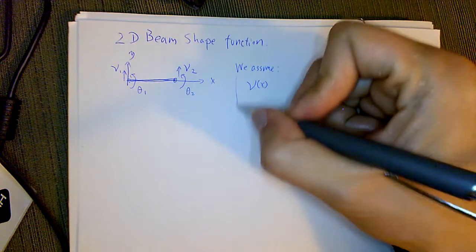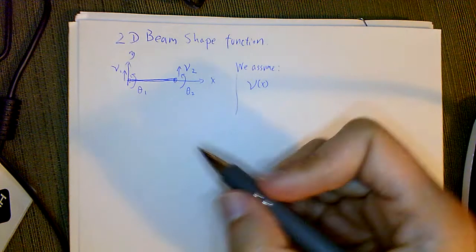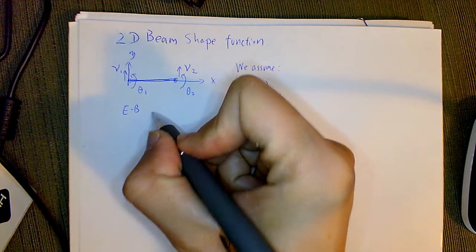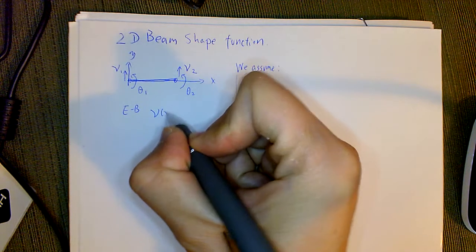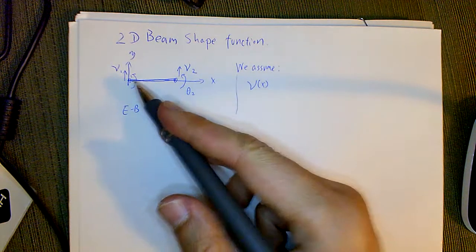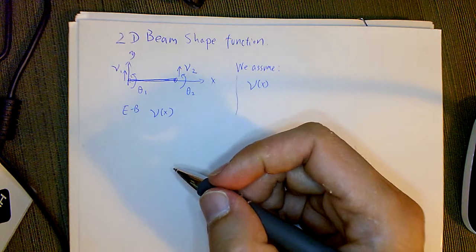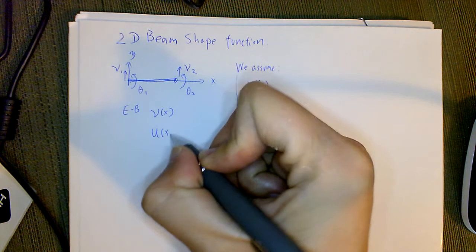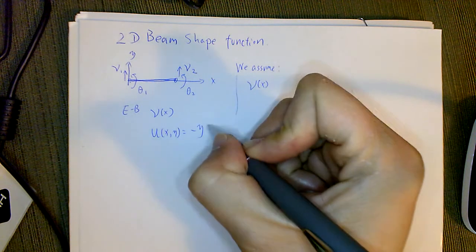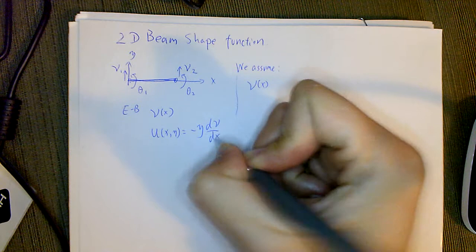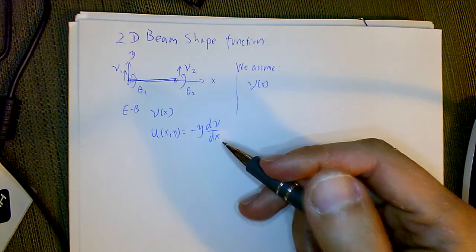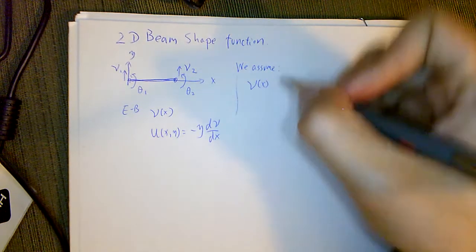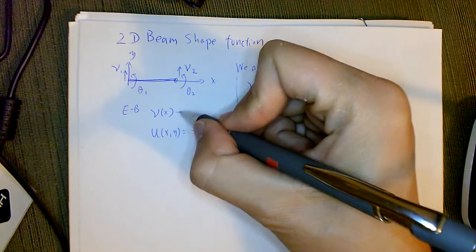Some background: we know that for an Euler-Bernoulli beam, if you can define V as a function of x for every single point on this beam, you could potentially get u(x, y) equals negative y dv/dx. This is not new, this is what we've done before. So we just need to figure out what V(x) is.